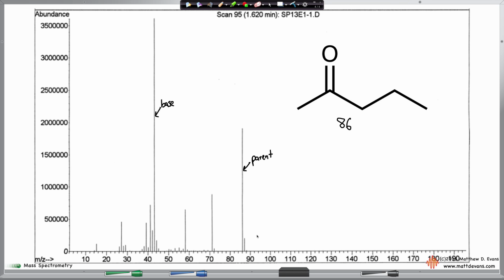Probably what you're wondering right now is, this is the rightmost peak, so why isn't that the parent peak? You could call that the parent peak too. And why is this so much smaller than this one? In fact, for carbon-containing molecules, you're pretty much going to see this pattern, where you see a tiny little peak right here and a much larger peak to the left of it, which is 1 atomic mass unit lighter. So what's this smaller one?